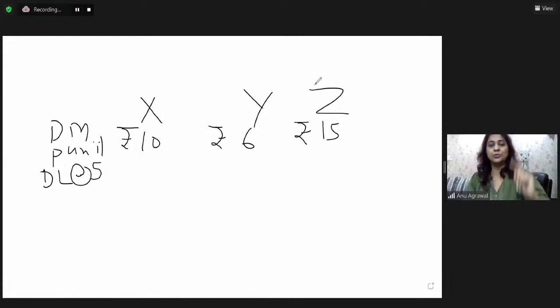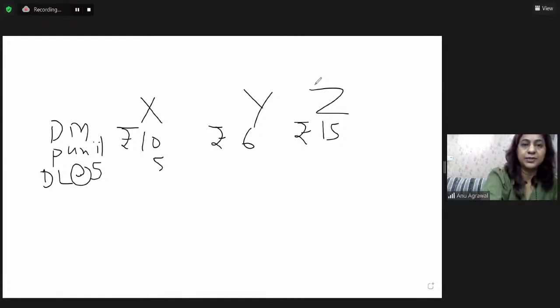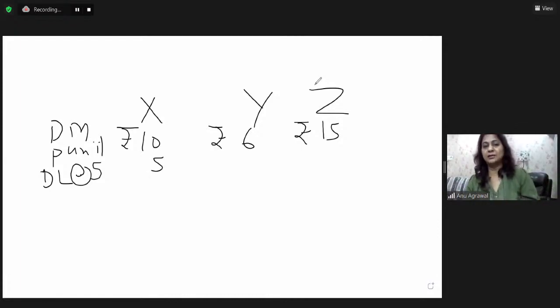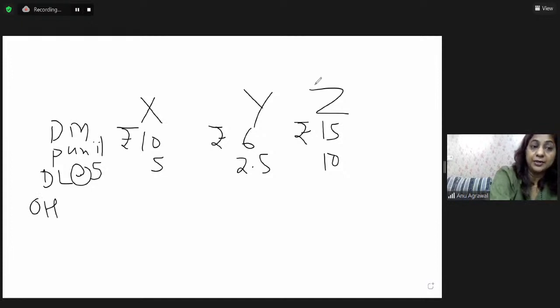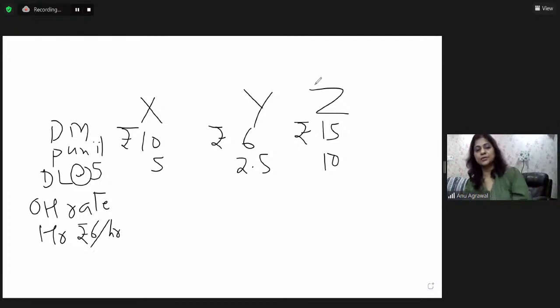We spend 1 hour to manufacture X, so here it is 5. I spend half an hour to manufacture Y, so 2.5, and I take 2 hours to manufacture Z, so 5 into 2, 10. And I have an overhead absorption rate on the basis of hours, which was ₹6 per hour.